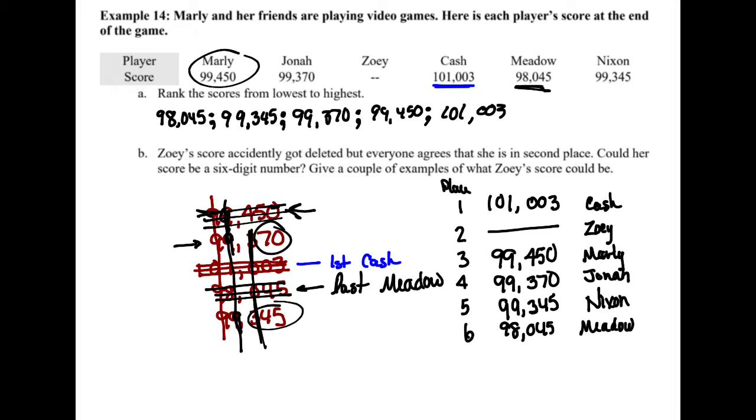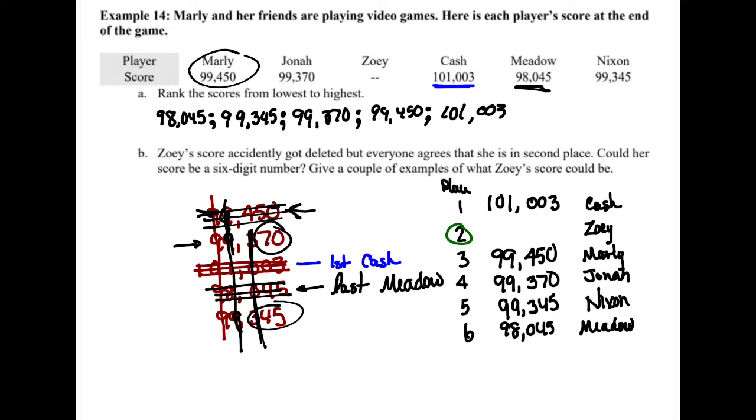Okay, so let's get to Zoe. Her score was accidentally deleted, but everyone agrees she was in second place, which we have. Okay, let's get rid of this thing here. Could her score be a 6-digit number?